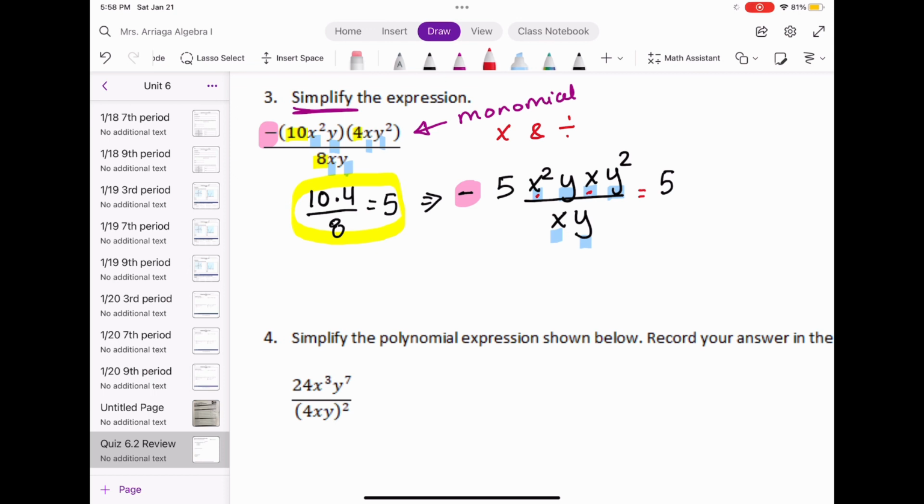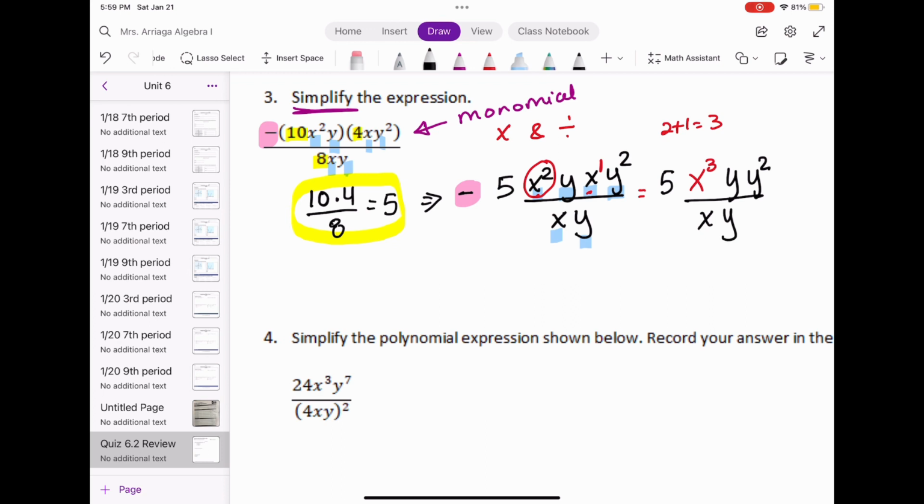When you add the exponents, you're going to get an x to the 3. That's 2 plus 1. Where did I get the 1 from? You see that second x? Any variable that is by itself has a 1 on top, so it has the exponent of 1. So 2 plus 1 equals 3. So we write x cubed.